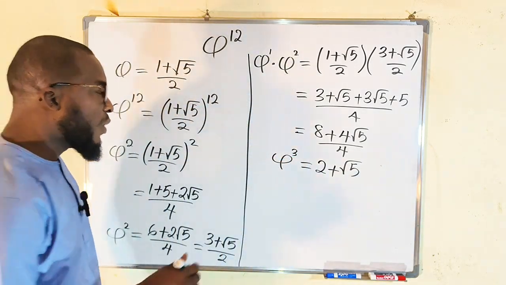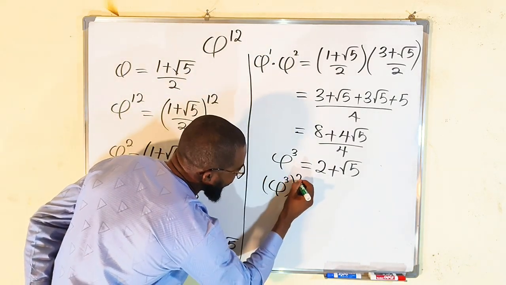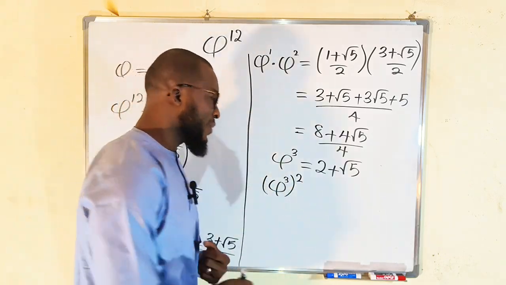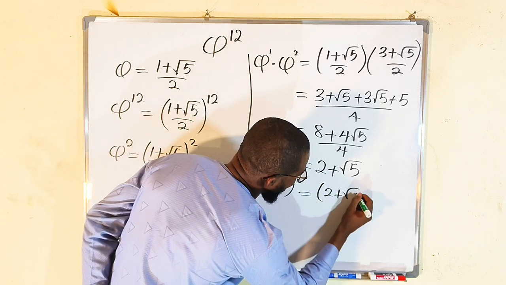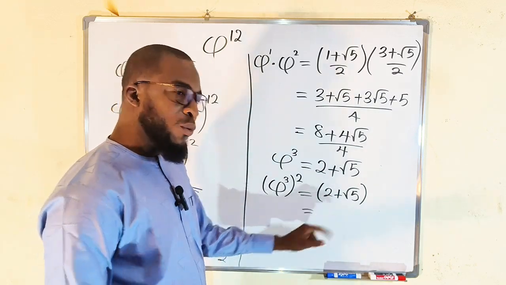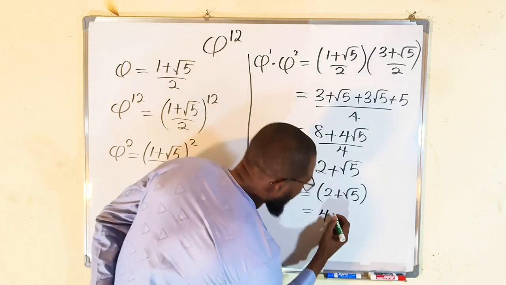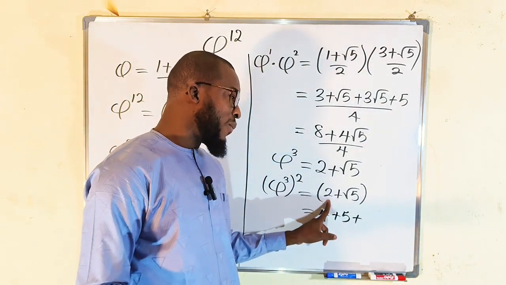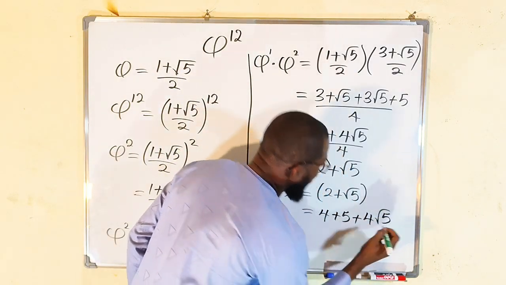Now I would like to take the golden ratio to the power of 3 and square that. According to one of the laws of indices, this will give us the golden ratio to the power of 6. We are almost done. The same thing as squaring 2 plus root 5. And this will give us first term squared, that is 4, plus second term squared, that will give us 5, plus 2 times 2, 4, times this will give us 4 root 5.